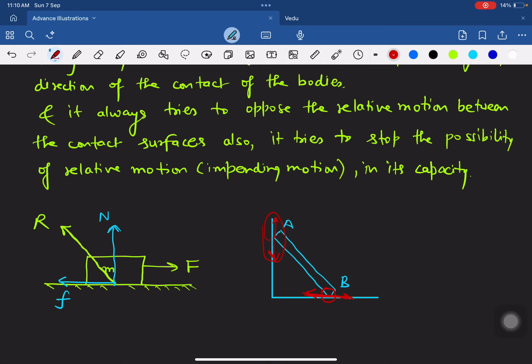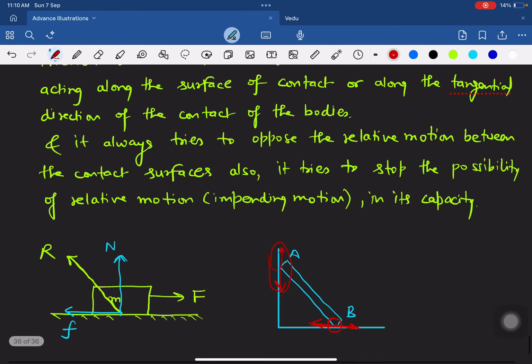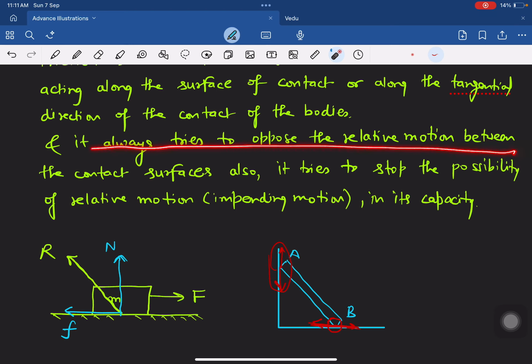Now coming to the second part, guys. The second part that I was discussing is that it always tries to oppose the relative motion between the contact surfaces. Also, it tries to stop the possibility of relative motion, which is also known as impending motion. This is a technical term, guys.